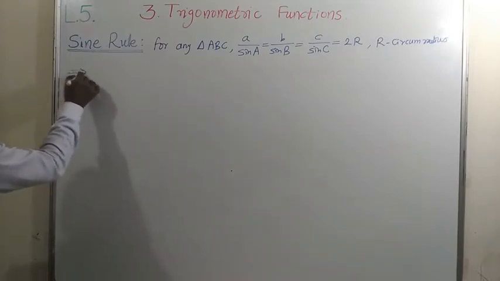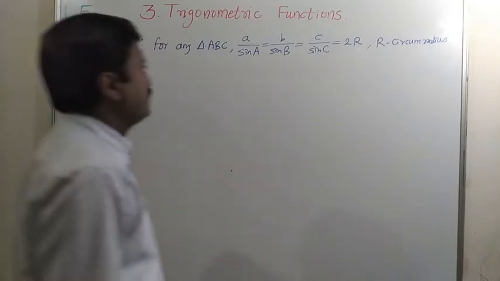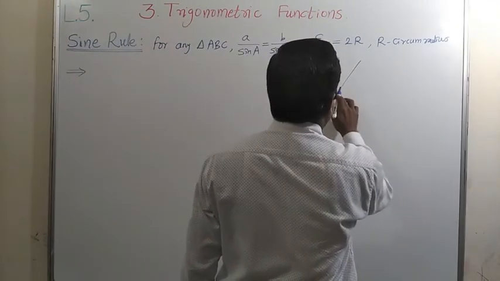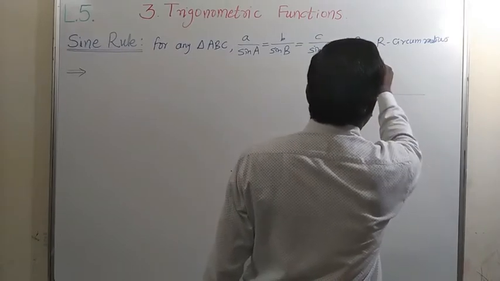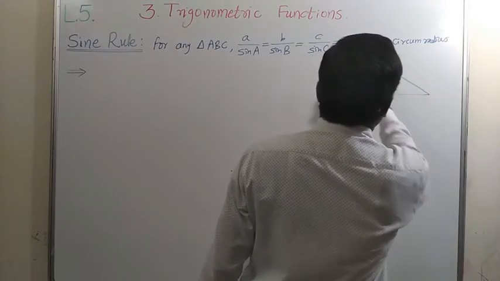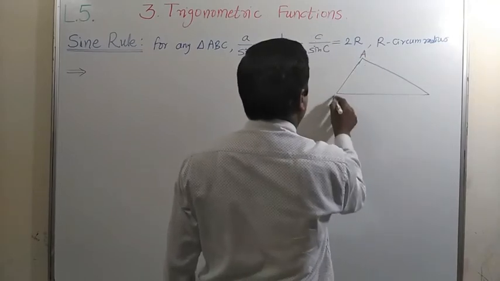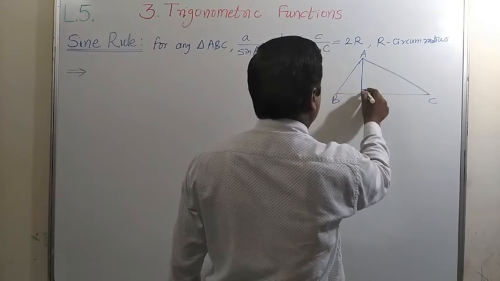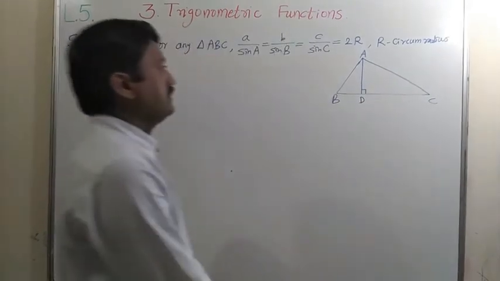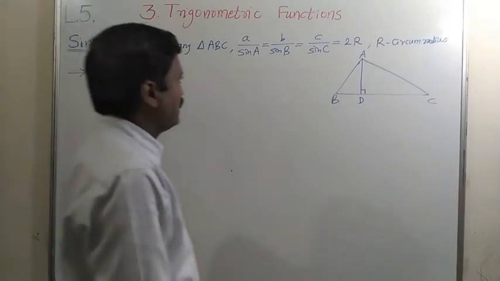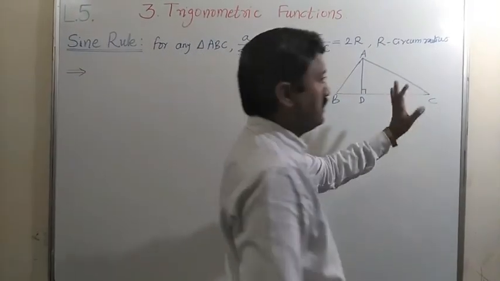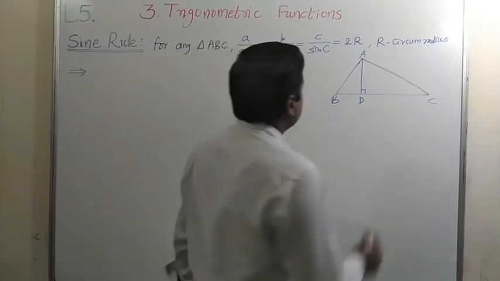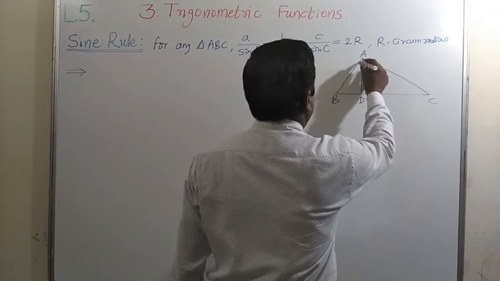For this, we need a triangle ABC. Let us take any triangle ABC. In this triangle ABC, let us take AD, that is perpendicular to the side BC. The angles may be all acute, one right, or one obtuse.